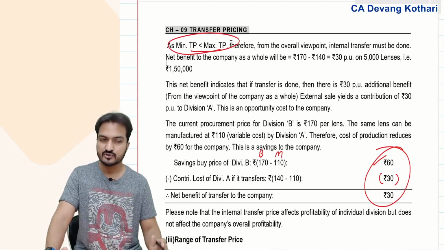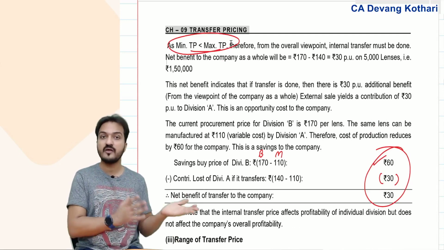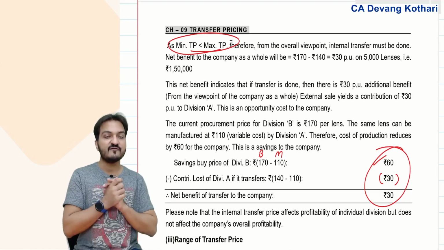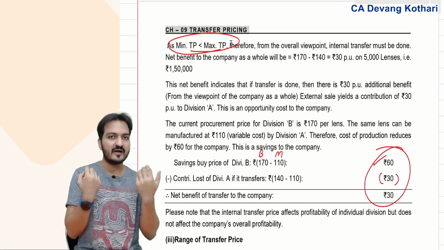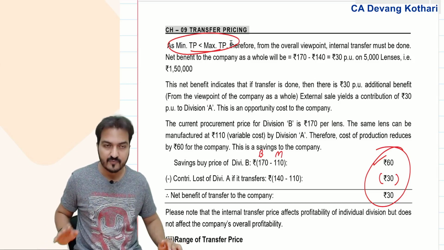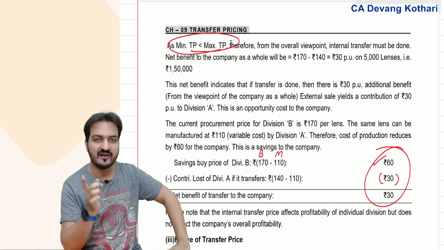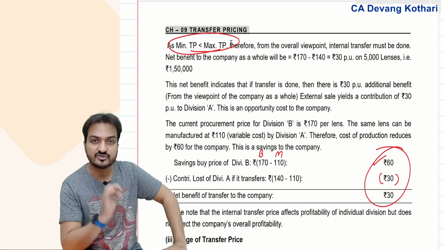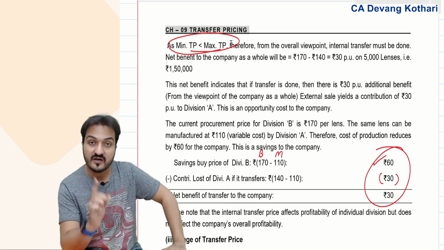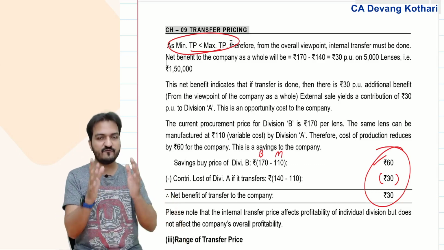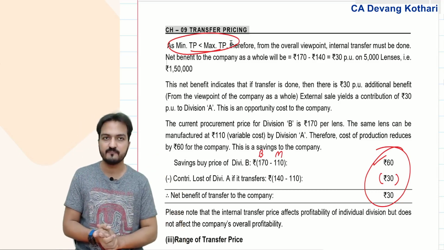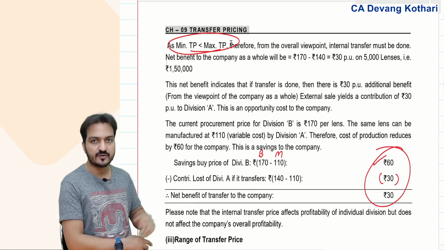Always. So I can give you a general rule. I already gave you a general rule over here that for every question of transfer pricing, wherever you calculate minimum TP, maximum TP, if minimum TP is less than maximum TP, then yes, transfer should be done. And the net benefit to the company as a whole is always equal to the difference of minimum and maximum TP. That difference over here is 30 rupees.